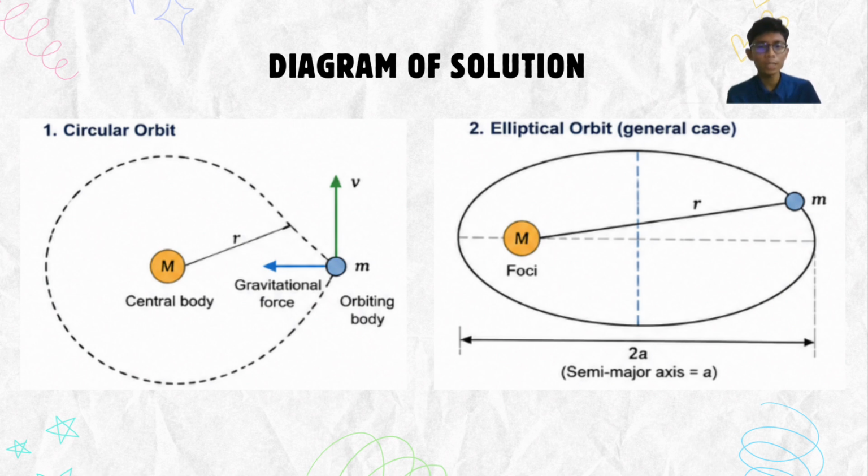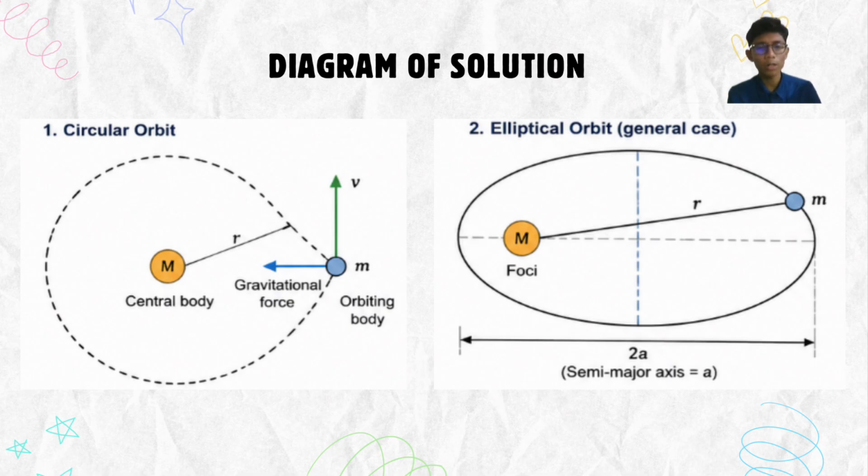The longest diameter of the ellipse is called the major axis, and half of this distance is known as the semi-major axis, represented by a. The semi-major axis is an important parameter because it determines the size of the orbit and is commonly used in orbital mechanics calculations.